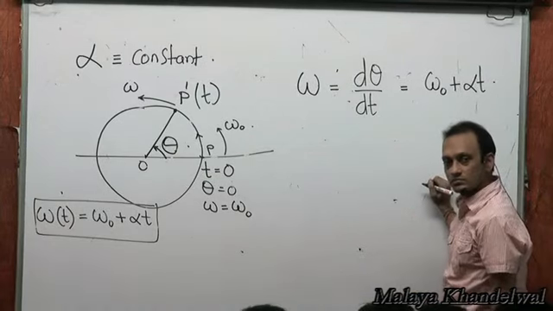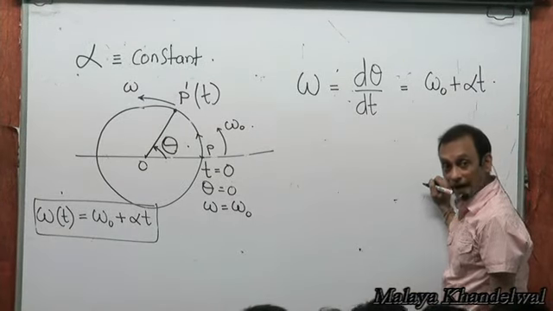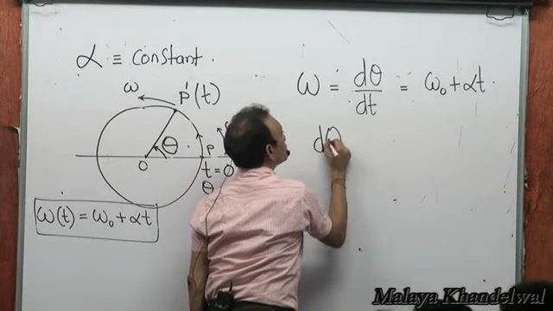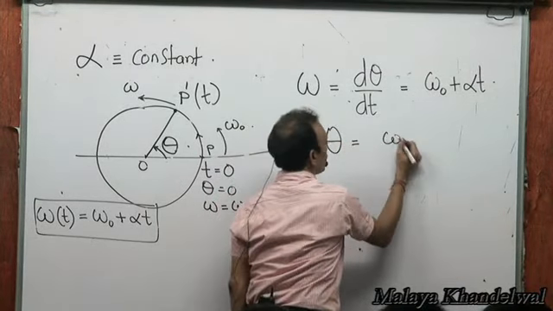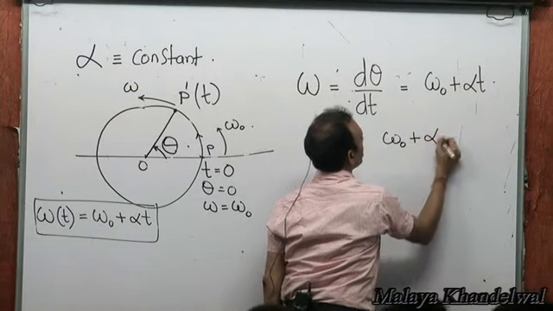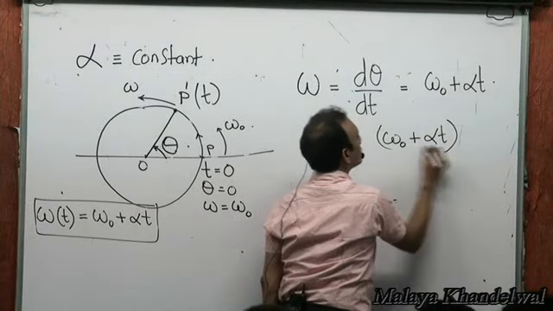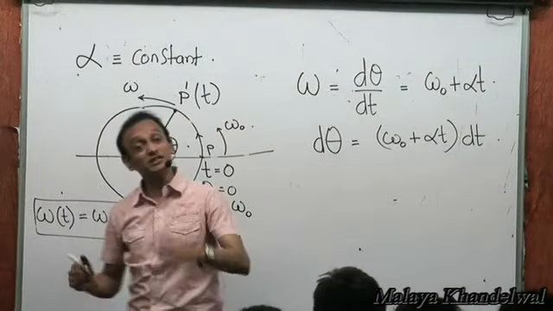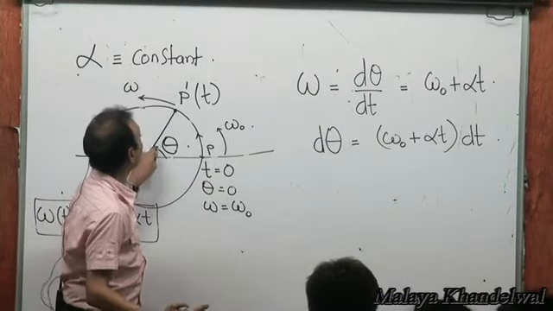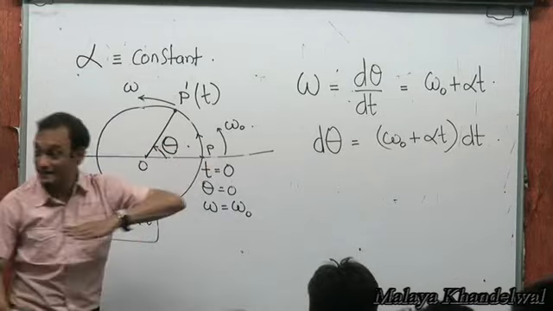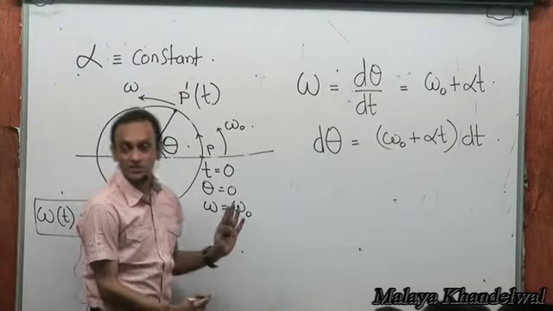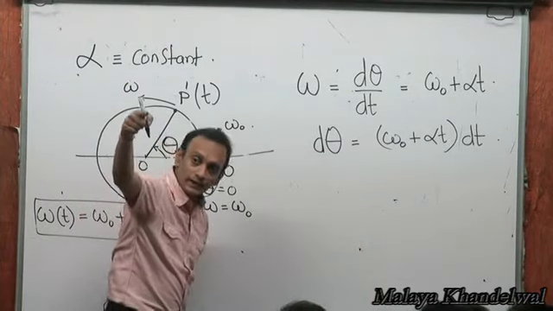Can I say this? So this gives me d theta equal to omega naught plus alpha t dt, where theta is the angular displacement at any given instant of time t, instead of the linear displacement. Yes or no? Got me?